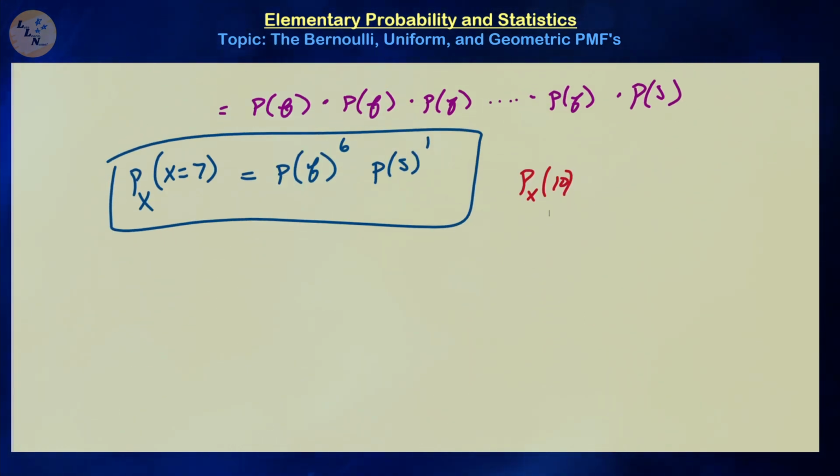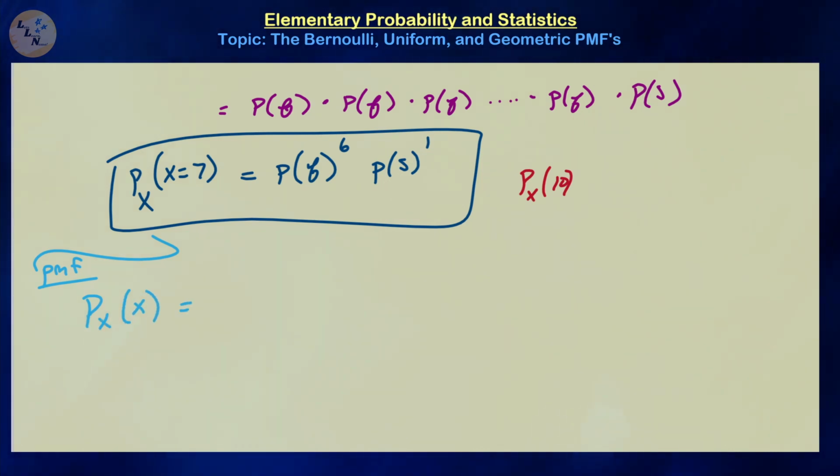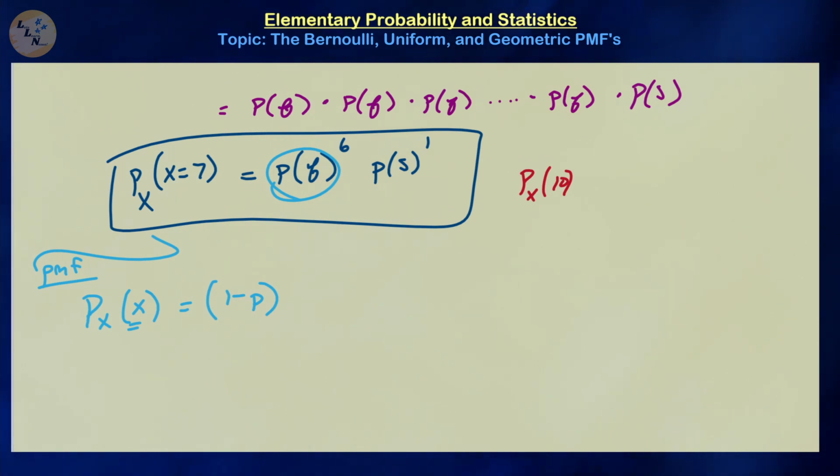So using this type of idea, then we can say that the PMF for a geometric random variable is going to be equal to P(x) is going to be equal to, so what's the probability of failure? So that's going to be 1 minus p, and if x is the corresponding number associated to the success trial, that means there's going to be x minus 1 failures with 1 success hanging out at the end, right?